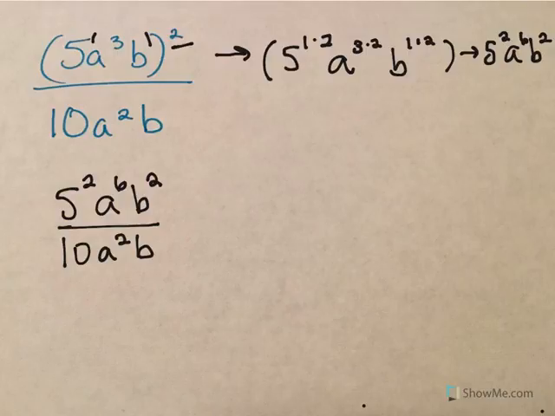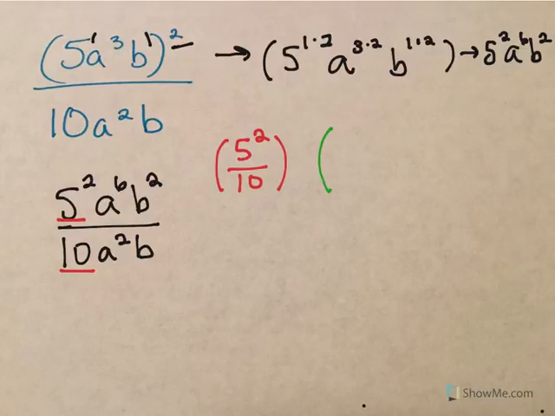Once we've gotten rid of the parentheses, we can separate our bases. So when I say separate our bases, I mean that constants, so our numbers, can be put into one set of parentheses. So I'm going to write 5 squared over 10. Our a values can be put into another set of parentheses.